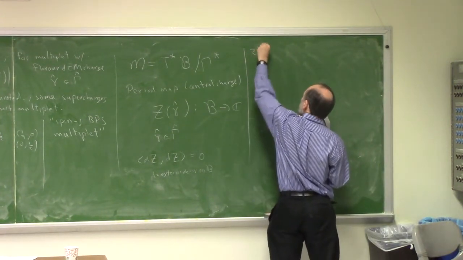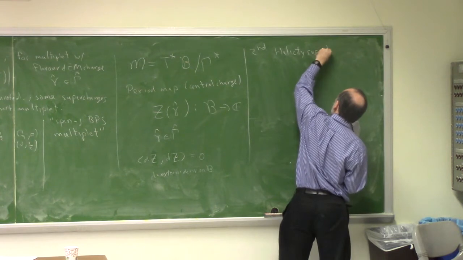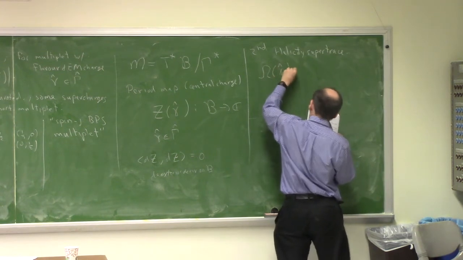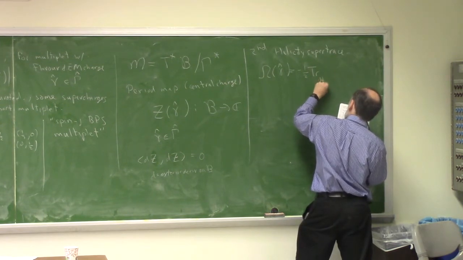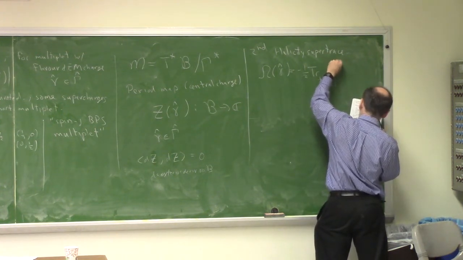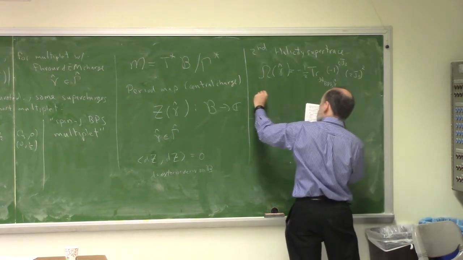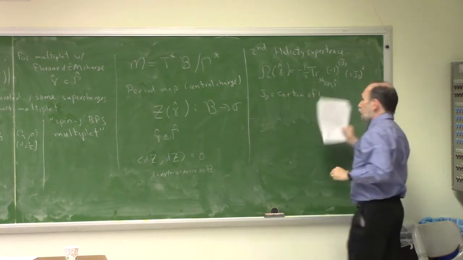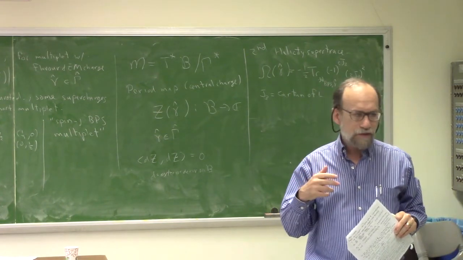So the second helicity supertrace is minus a half trace over the space of BPS states of (-1)^(2J3) times (2J3) squared, where J3 is the Cartan generator of L. So you can imagine, since this is the second helicity supertrace, you might have wondered what the zeroth and first ones were.